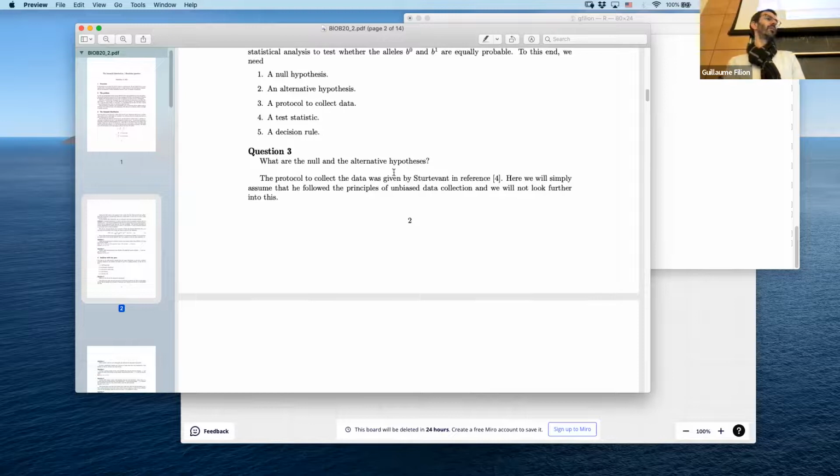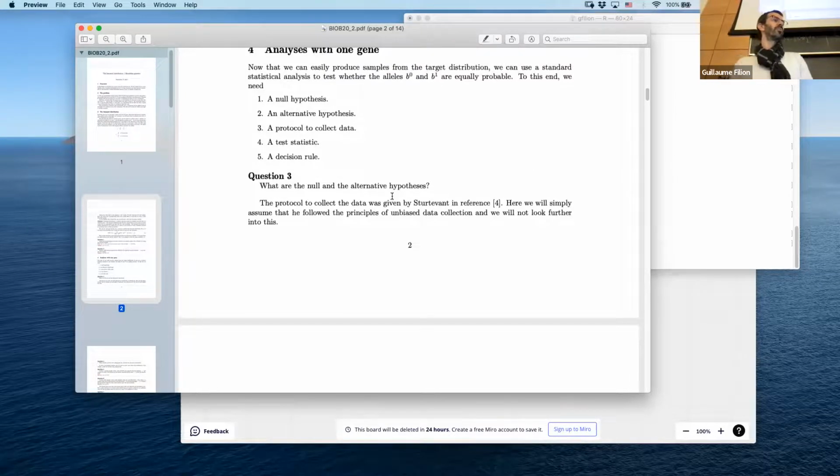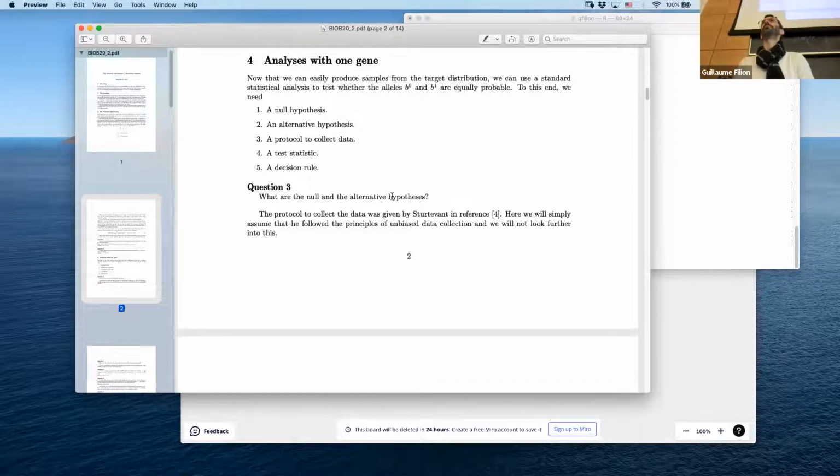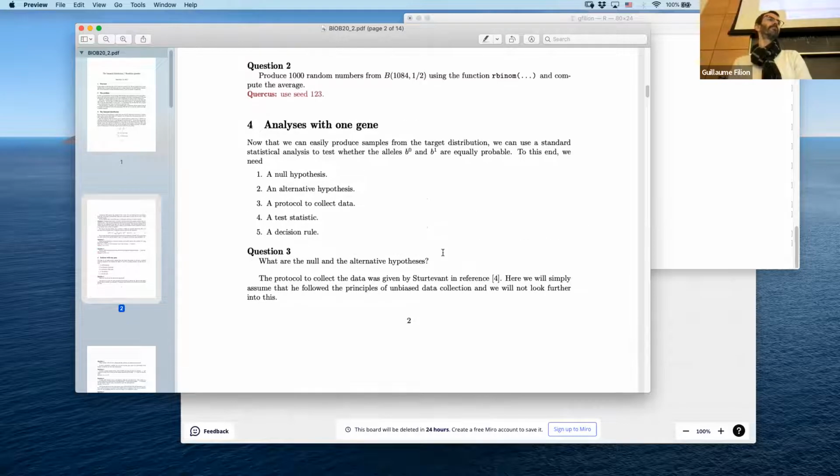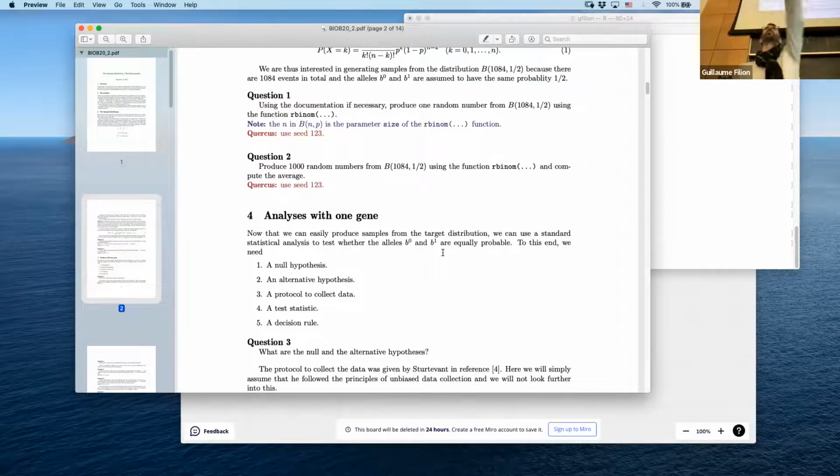So what are the null and the alternative hypotheses? Okay, let's start with the null. What's the null hypothesis here? Any idea? Yeah, in the back.